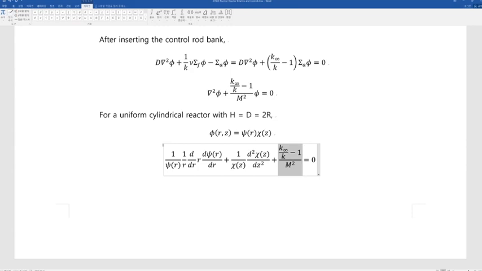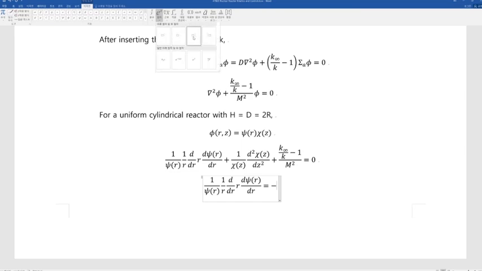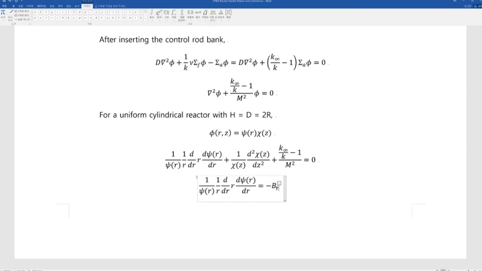If the sum of these three terms is 0 for any value of r and any value of z, then the first term should become a constant, like minus Br squared. If we solve this equation, then we are going to get a Bessel function.